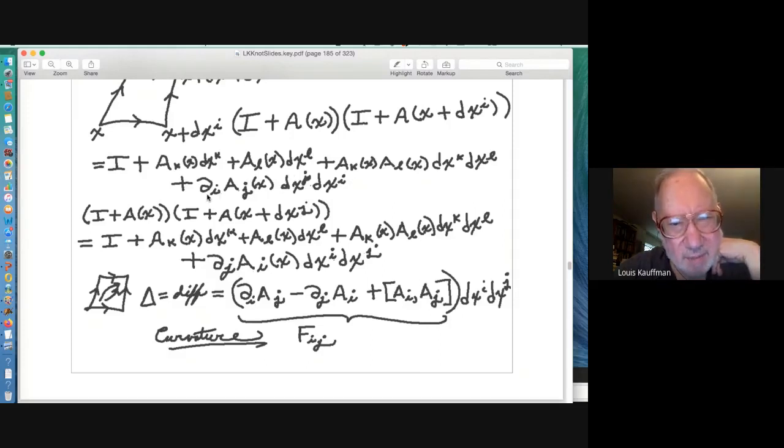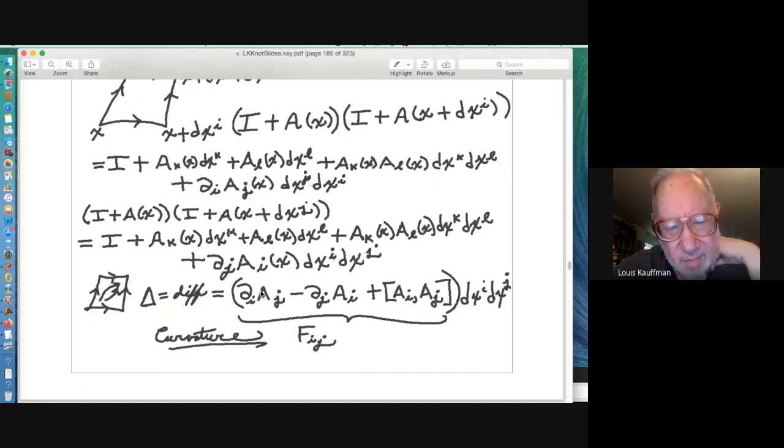I have an ith partial of A_j in the first one, and I have a jth partial of A_i in the second one. And I have the product of A_k with A_l, they're matrices, remember? These guys are matrices. And I have the product of A_l with A_k in the other one. And consequently, I have to look at a commutator when I take the difference between them.